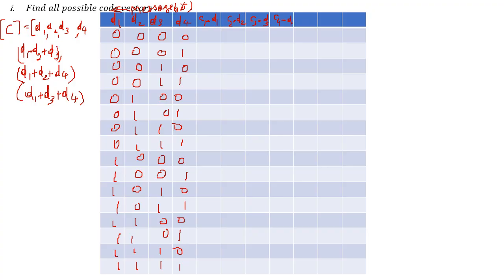So we'll write all the values here. Initial 4 bits are the same as D1, D2, D3, D4.